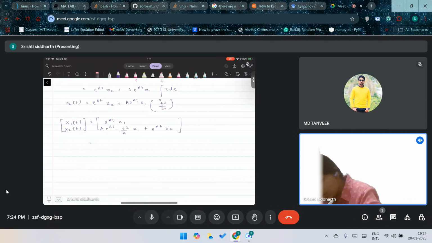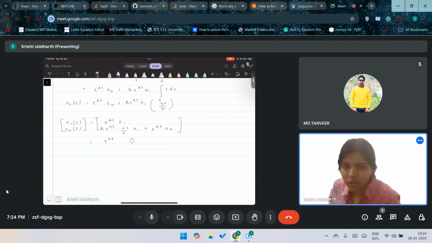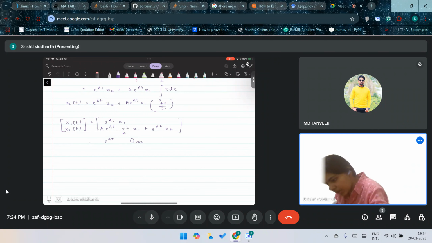Now this can also be written as e to the power At times the 0 matrix. So this is going to be of the order 2 by 2. And then we have e to the power At times the scalar t square by 2 and then e to the power At. This times the vector z1 and z2.